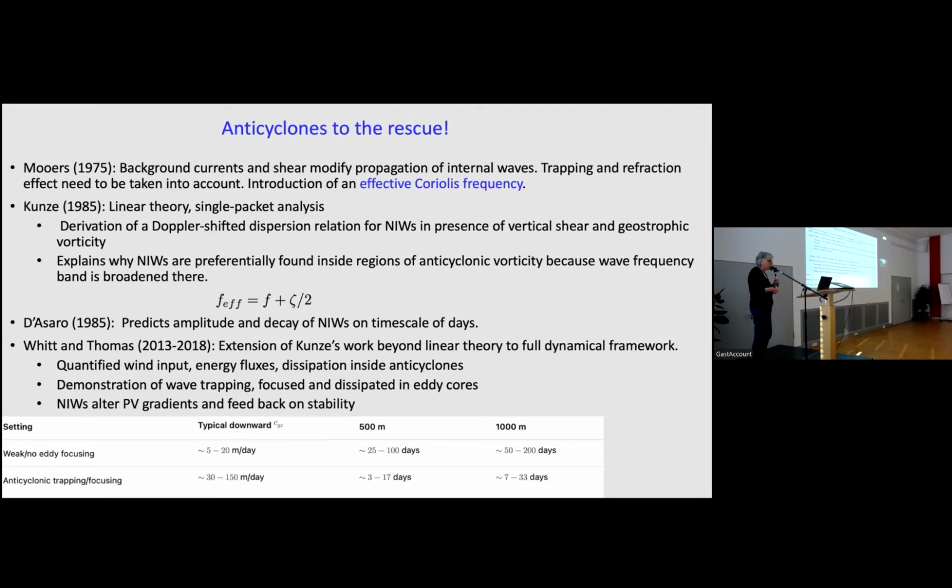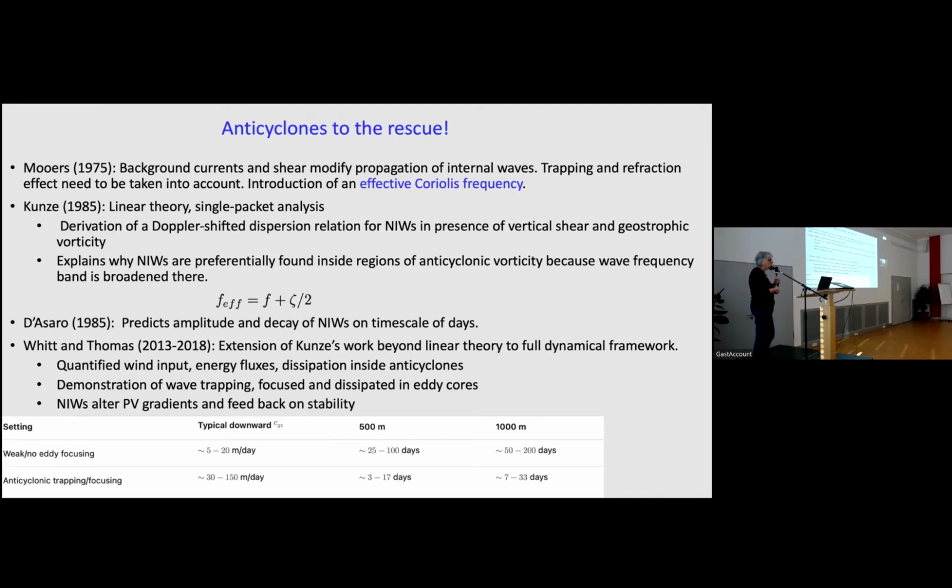Just to give you a little background, the term effective Coriolis frequency describes how background currents and shear can modify the propagation of these waves, and the trapping and refraction effects. This was first introduced back in 1975, when Mooers introduced this concept of an effective Coriolis frequency.